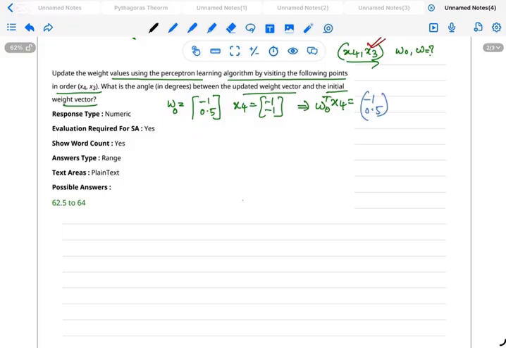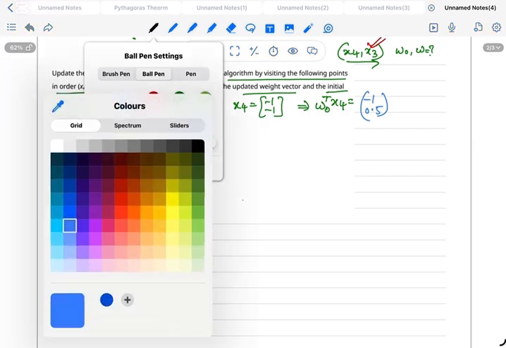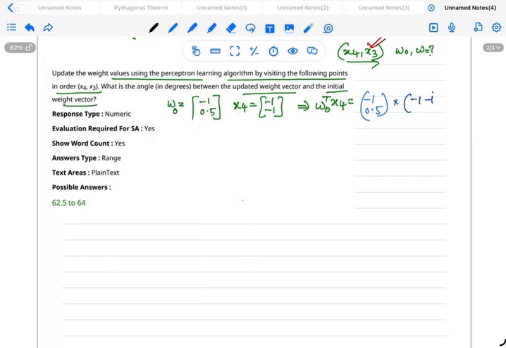Be careful at this point. W0 transpose x4 equals -1 into -1 plus 0.5 into -1, that equals 1 minus 0.5, which equals 0.5.